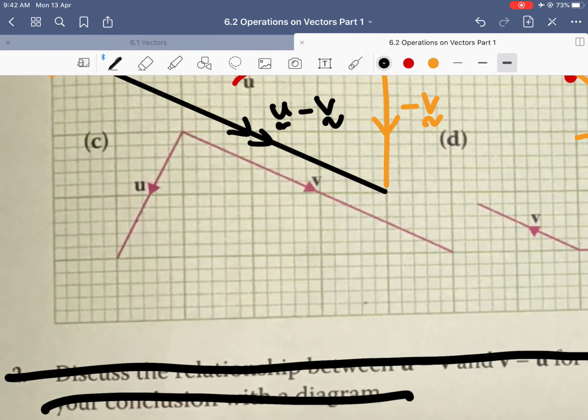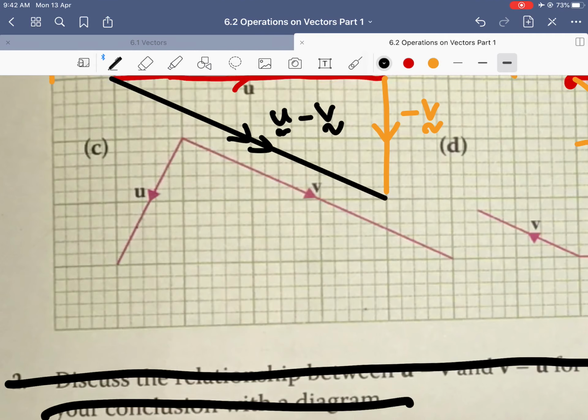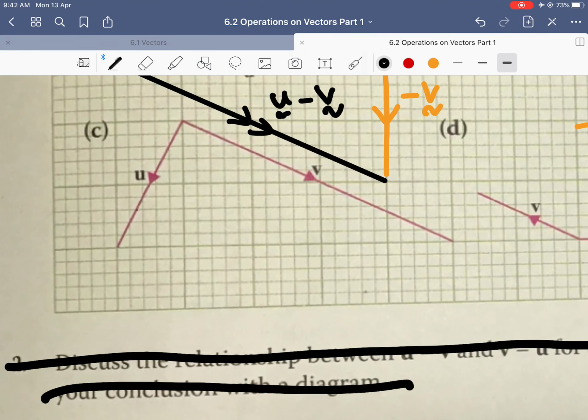Now for part C, same thing, u minus v. In this case I may need to redraw the entire diagram, if not I'll run out of space. So u is in red and v is in orange as per normal. So I'm doing part C now. Vector u will look like this. Now just think for a moment, how does negative v look like? If positive v is coming downwards like this, it simply means that negative v will look like this.